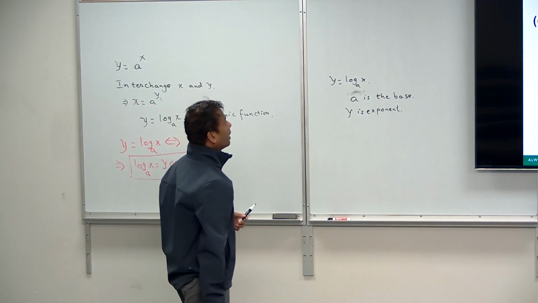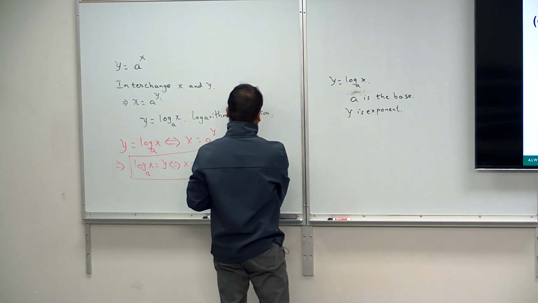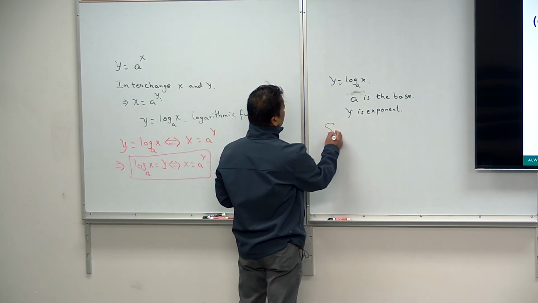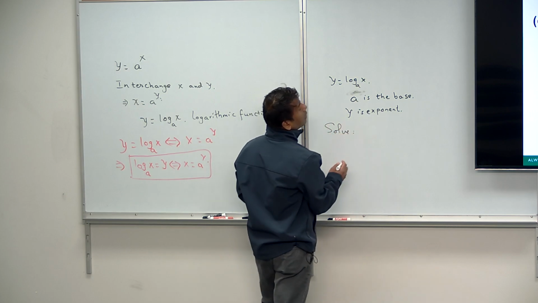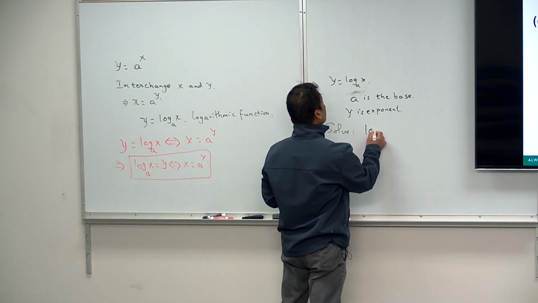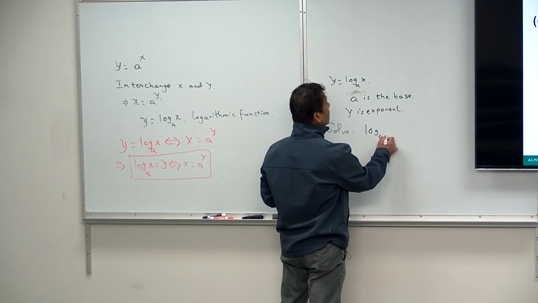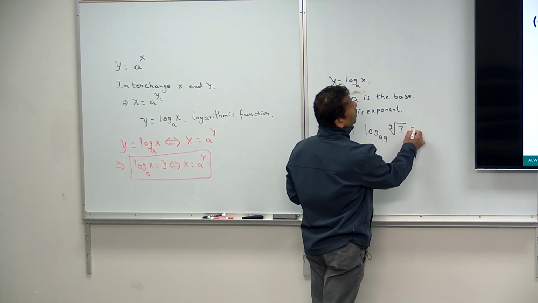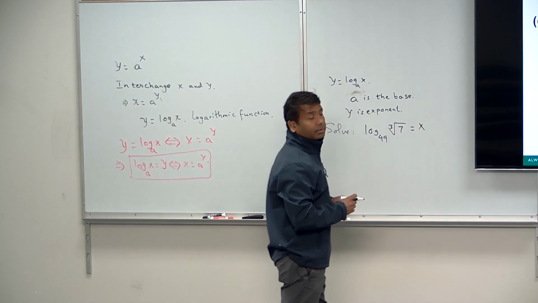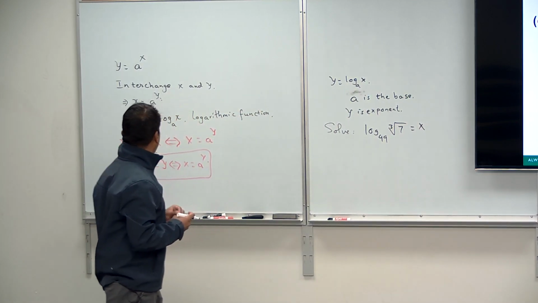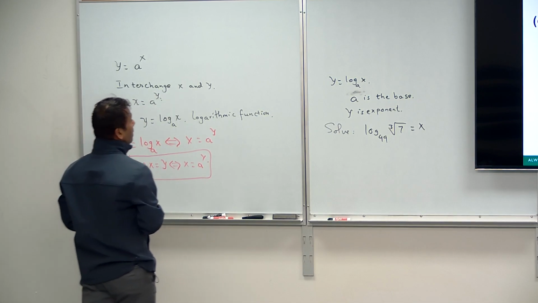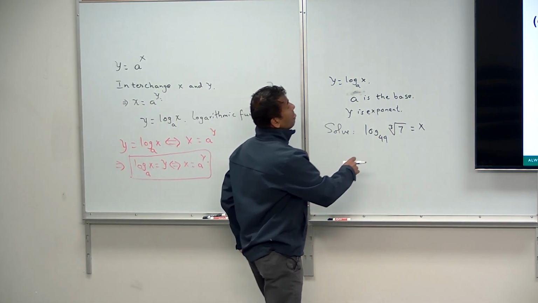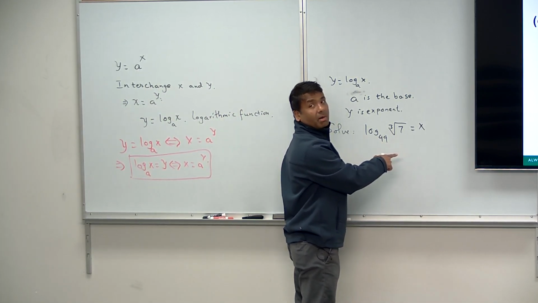Let's try this one, okay? So how do you solve this? Logarithm with base 49 of cube root of 7 equal to x. Okay? So you have to solve this equation.